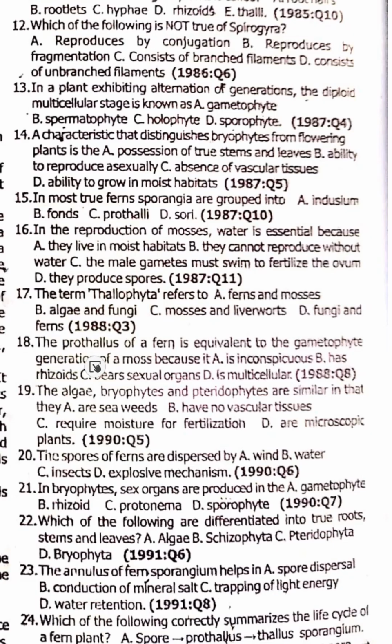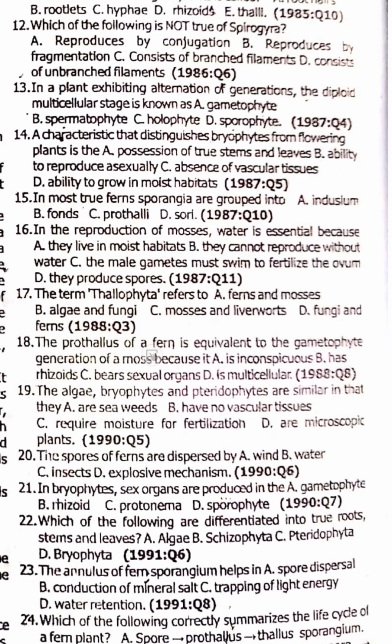18. The prothallus of a fern. The prothallus is a part of this early-time plant. These early plants do not absorb water from the ground like normal plants. There are two types. There is the bryophyte, examples of which are liverwort and mosses.